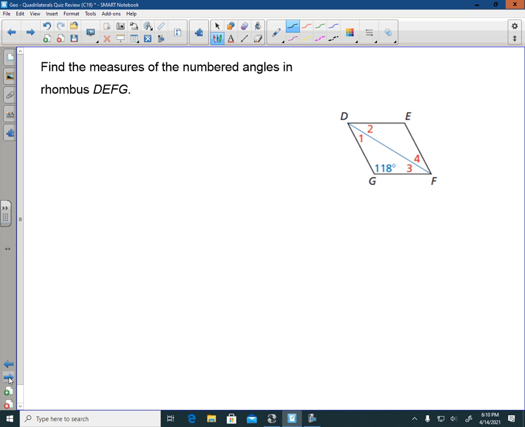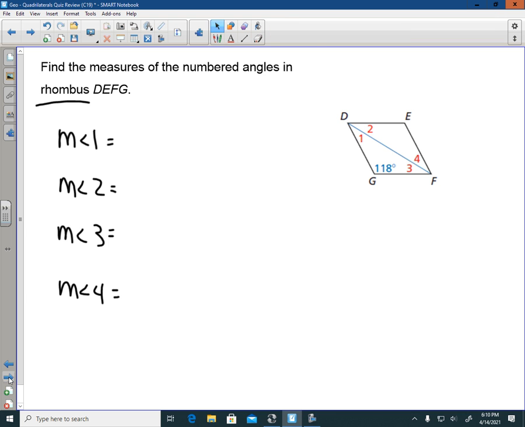Find the measures of the numbered angles in the rhombus. Well, we're going to want to find the measure of angle 1, angle 2, angle 3, and angle 4. That's our goal, to find these numbered angles. Well, this object, a rhombus, we know is a parallelogram. And so we know that opposite angles are going to be congruent.